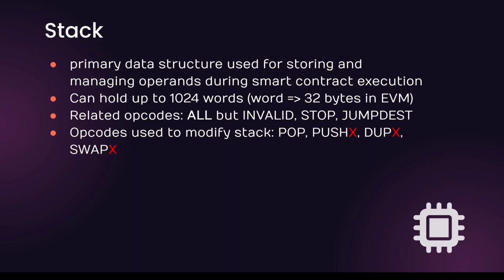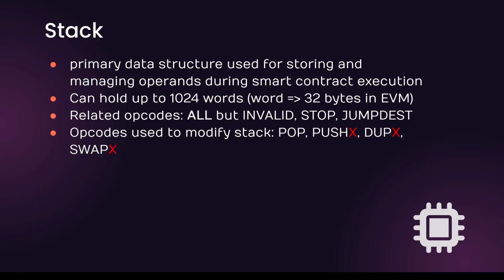All opcodes, apart from invalid, stop, and jumpdest, either take something from the stack or put something onto the stack. The opcodes used to modify the stack are pop, push1 to push16, dup1 to dup16, and swap1 to swap16. So each of push, dup, and swap has 16 opcodes defined.